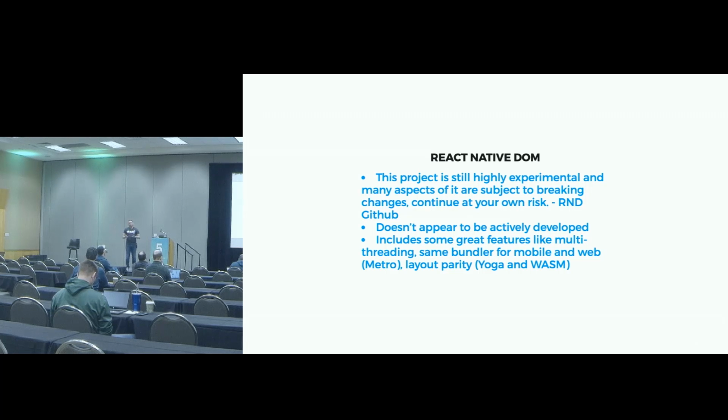It works almost all the time, but occasionally there are differences in your layouts. So React Native DOM fixes that using WebAssembly. I don't know all the details about how it works, but they fix that so you actually have true parity between your layouts. They could be exactly the same. You don't have to worry about discrepancies.